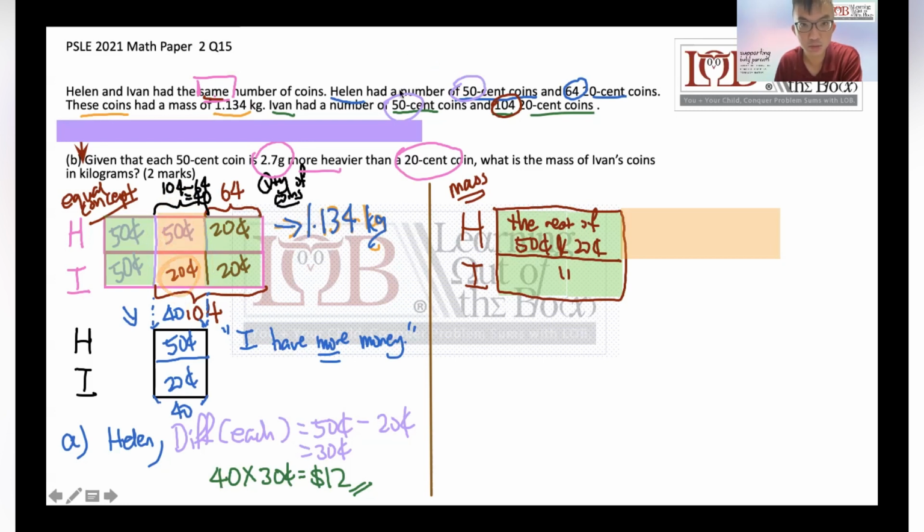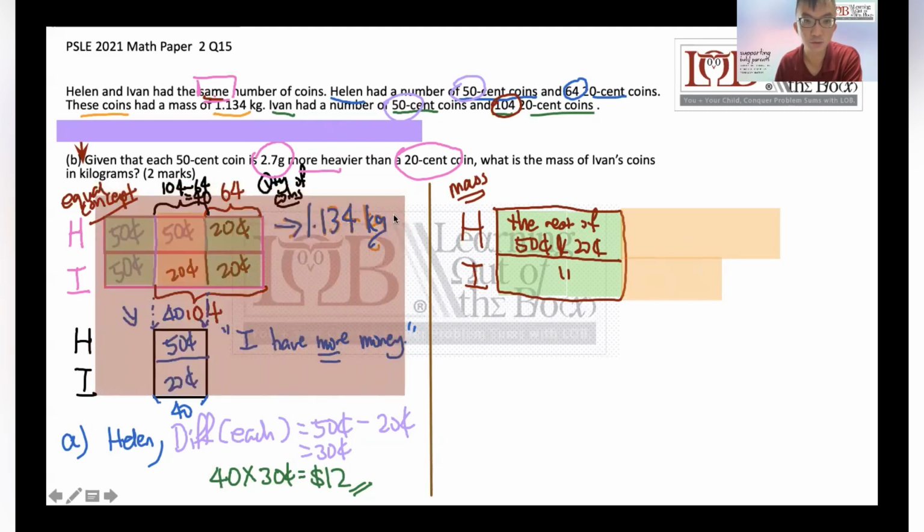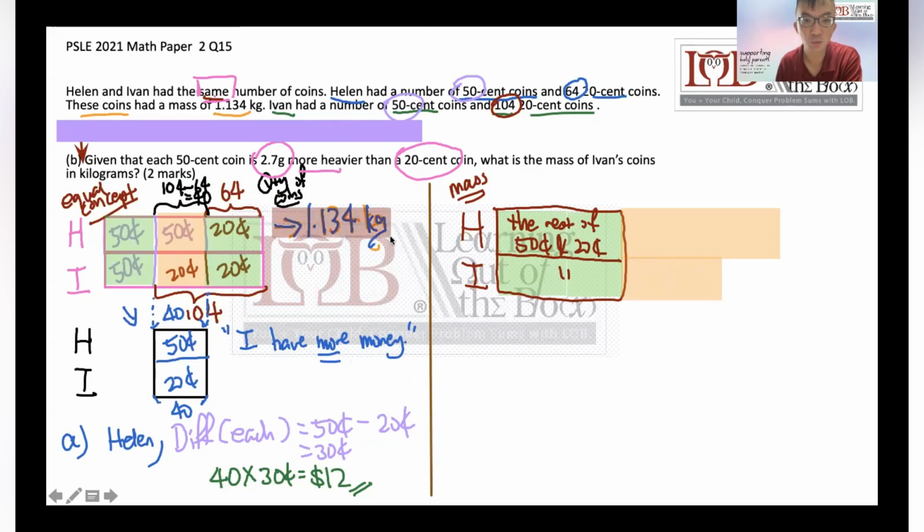Okay, so we still use the same color code. Okay, so short one, shorter, awesome. Okay, now they're talking about mass, right? So we just handle mass. And in fact, looking at this whole question, this whole info, we haven't really used this part, which is the 1.134 kg.